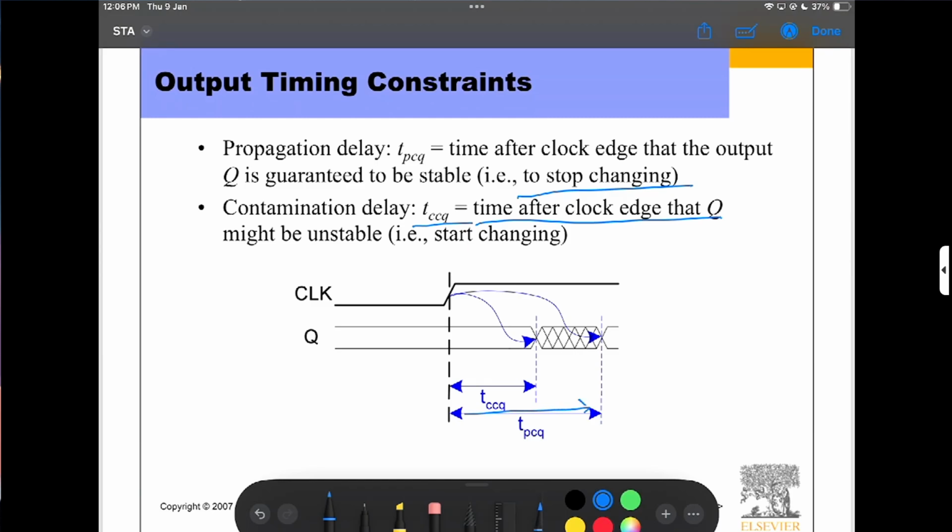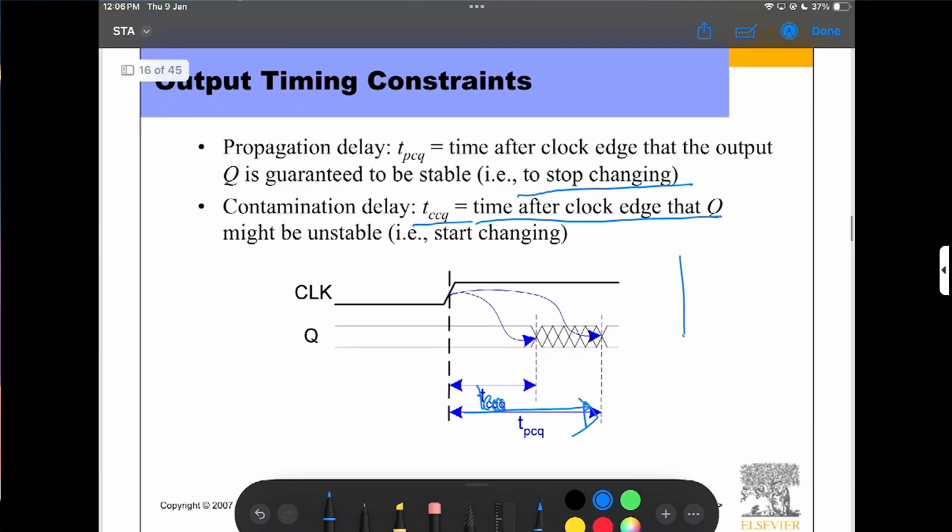Here is TPCQ and here is TCCQ. Actually, this is the clock-to-Q delay. Basically, here is my flip-flop, this is my clock, this is my D, and Q is here. So this delay is the clock-to-Q delay.